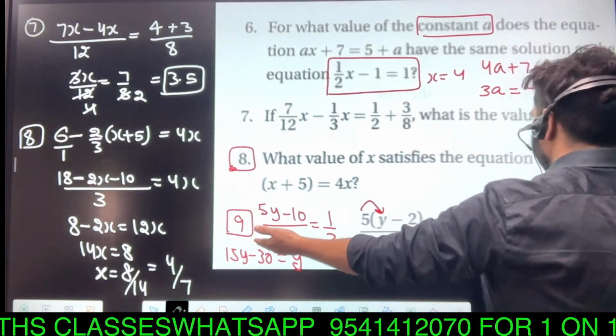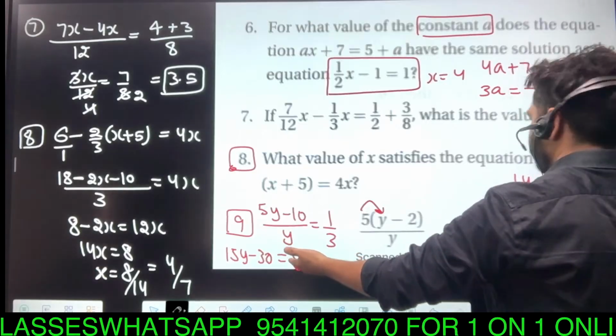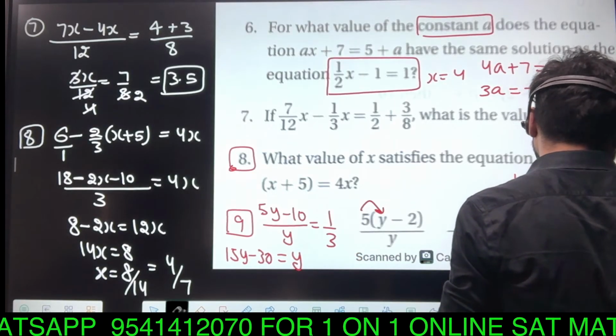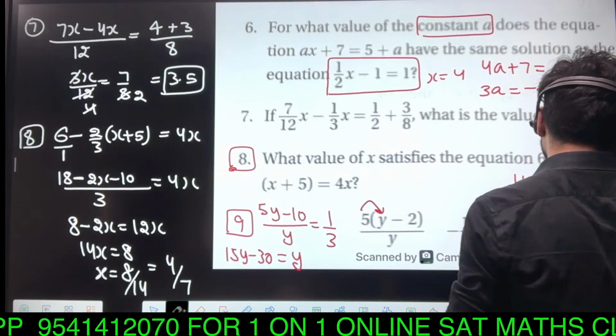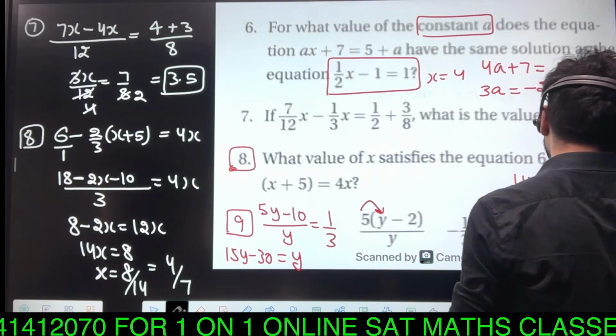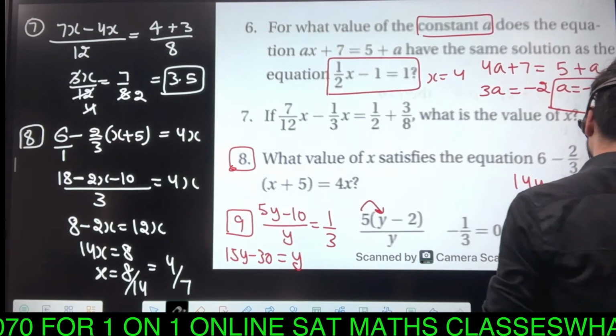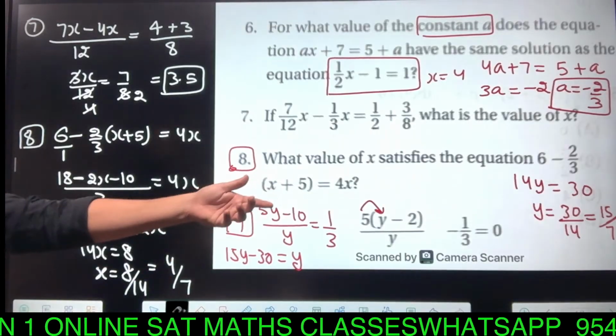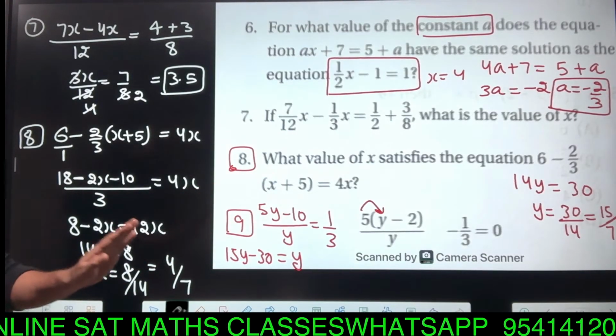This y will go there, it will be 14y, and minus 30 will come here, so y is equal to 30 by 14, which is equal to 15 by 7. So 15 by 7 is the value of y. In this question you have to find the value of y.